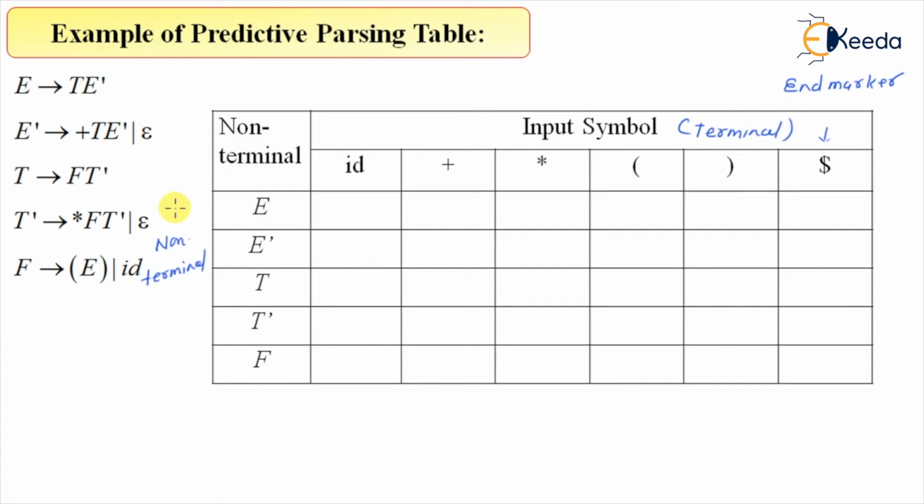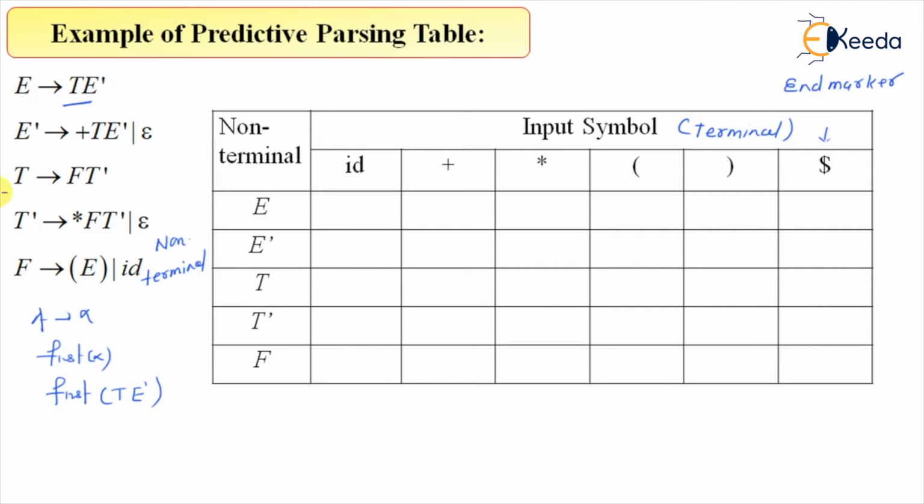Now we'll go production by production and apply the rule. E derive T E dash. What was the rule here? If A derive alpha, it will go to first of alpha. So we compute first of T and E dash together; we do not separate them, because only if there is an epsilon do I have to go to E dash.